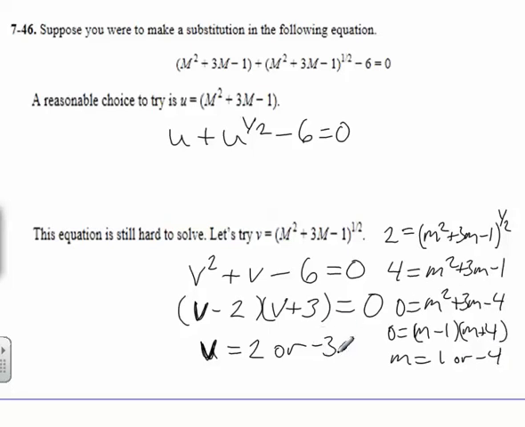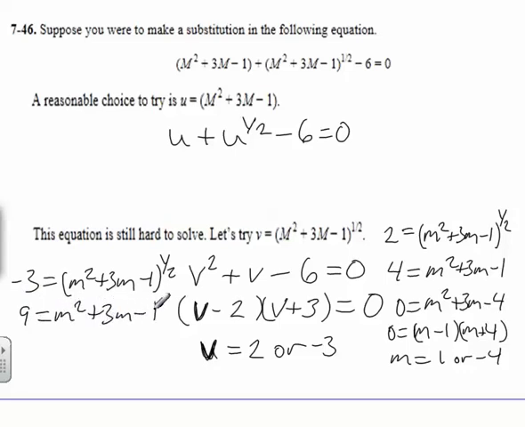And then we try this one when we set it equal to negative 3: m squared plus 3m minus 1, all to the 1/2 power. Raise both sides to the power of 2. We square this, we get 9.